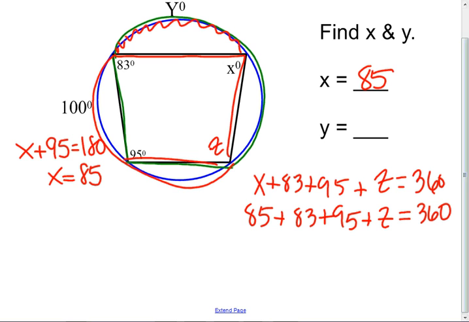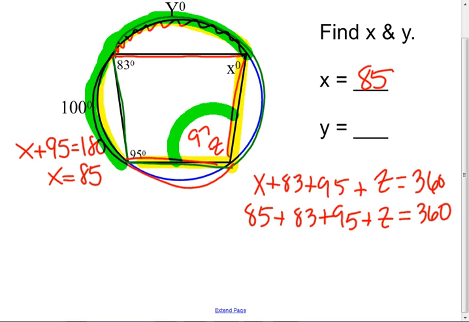Once I have that, this angle intercepts this arc. 97. It's 97? Okay, so this is 97. Then how big is that? Let me change colors. How big is this green arc? Well, that's twice that.